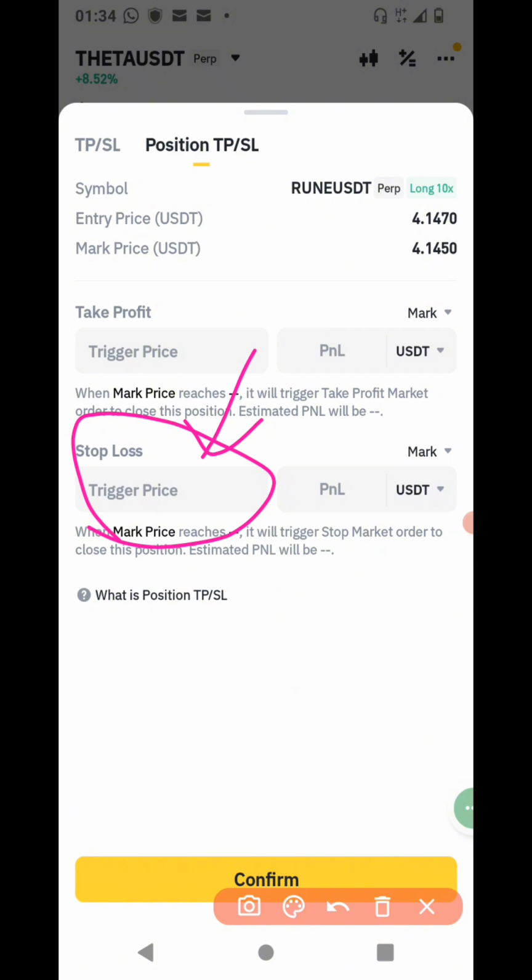Now you will set, this is a long trade. If the market is falling, you want to tell Binance that once the market falls to a particular price, take me out of the market. Let me take the loss and get out of the market. Okay, that is what we're trying to do.